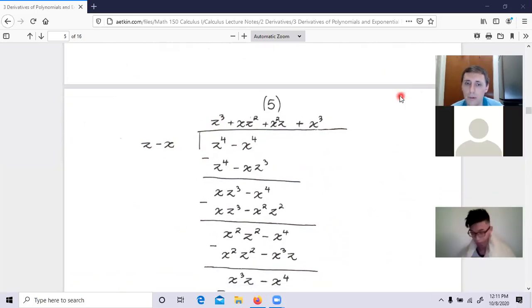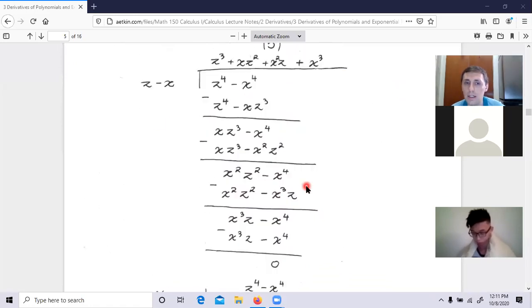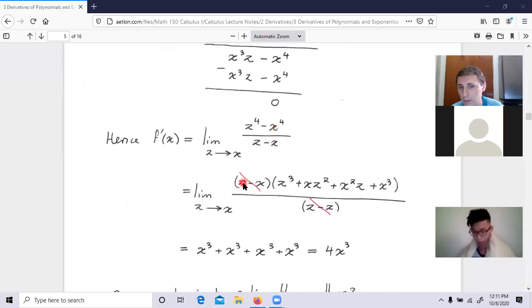If not, we can talk about it after class. So you have this calculation, and the result is that z to the 4 minus x to the 4 can be factored as follows. It's z minus x times z cubed plus x z squared plus x squared times z plus x cubed.